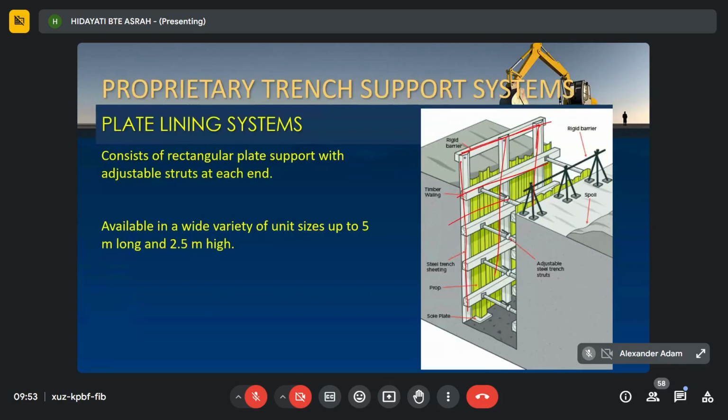It is available in a wide variety of sizes, up to 5 meters wide and 2.5 meters high. They will also be pushed into the ground as the soil is excavated out between the panels. So it's quite similar to the box, but this one uses the flat lining method. Okay, that's all for today.